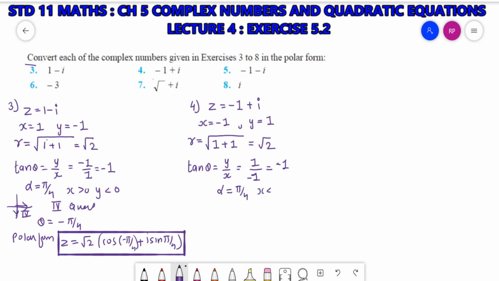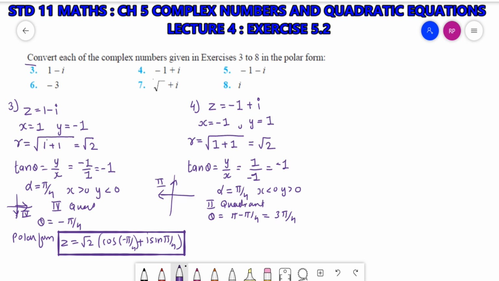But here x is less than 0, y is greater than 0. Right? x negative goes this way, y positive goes this way, so it is in the second quadrant. So theta will be equal to pi minus alpha, so pi minus pi by 4, so it will be 3 pi by 4.